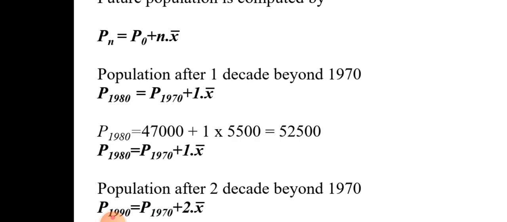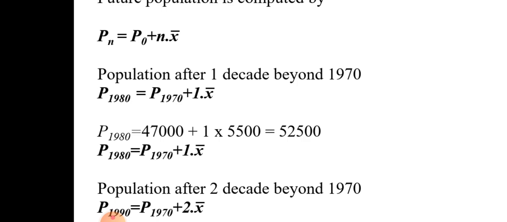Here n is the number of decades from 1970 to 1980, so the value of n is 1, and Po is the present population, that is the population in 1970. So the population in 1980 is equal to the population in 1970 plus n into x bar, where n is 1 and x bar, computed earlier, is 5,500.